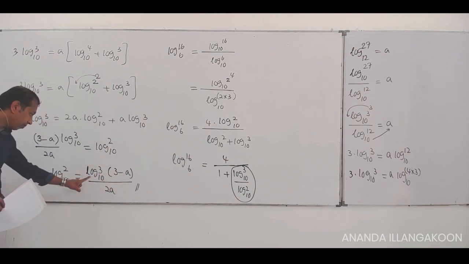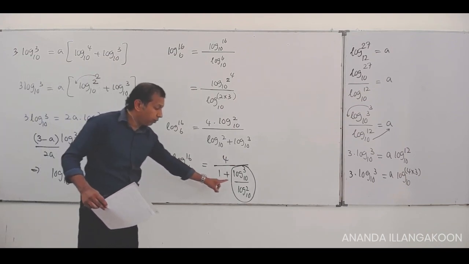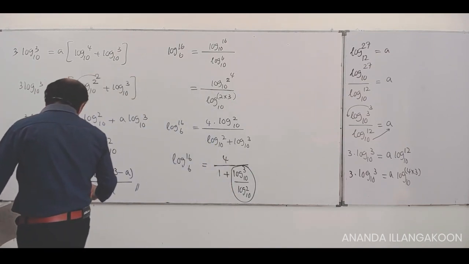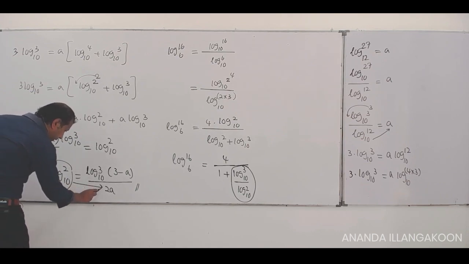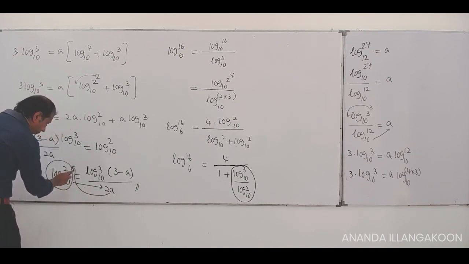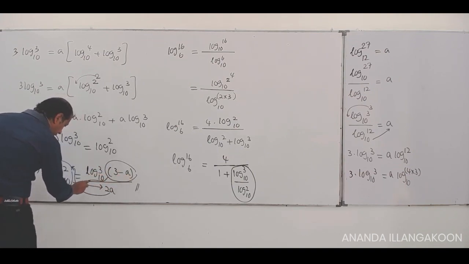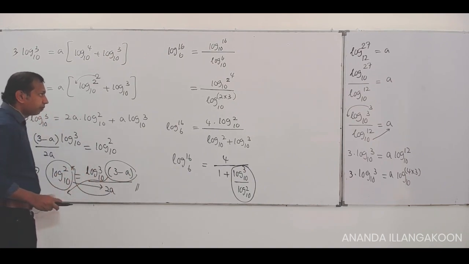Thereby, I can make log 3 base 10 divided by log 2 base 10 the subject. How to do that? This part we can bring in the place of 2a. 2a we bring here. Then 3 minus a I bring here. Then log 3 base 10 divided by log 2 base 10 we get.